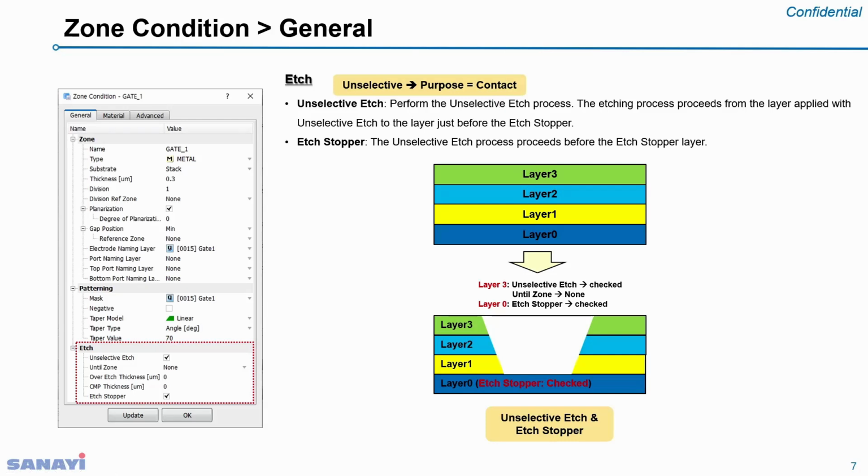An etch stopper is applied automatically when set under certain conditions. Purpose is active or color filter. Type is metal, and substrate is set to substrate or fill. So please remember these precautions.